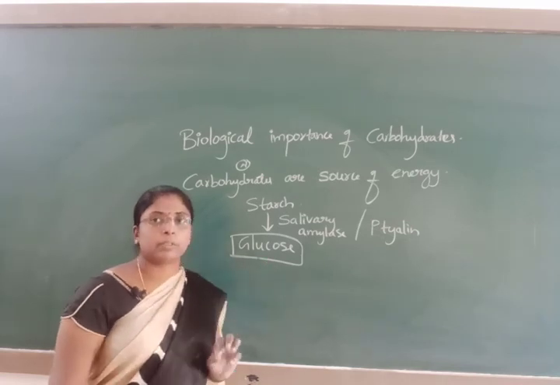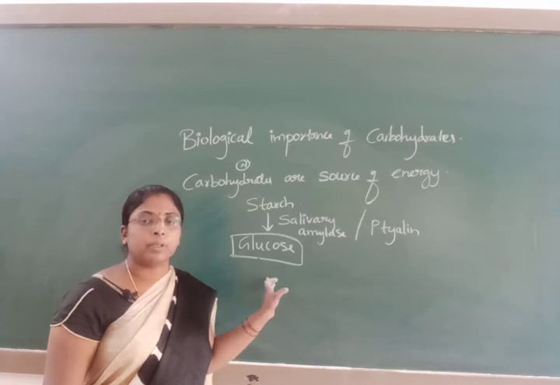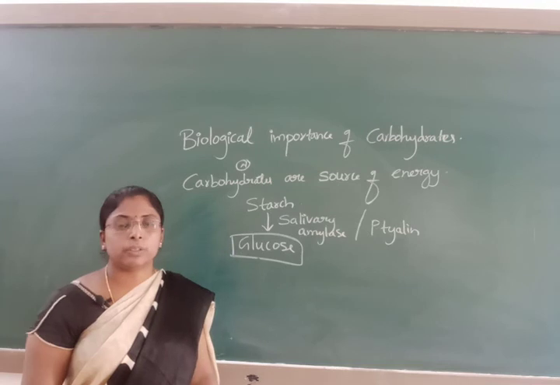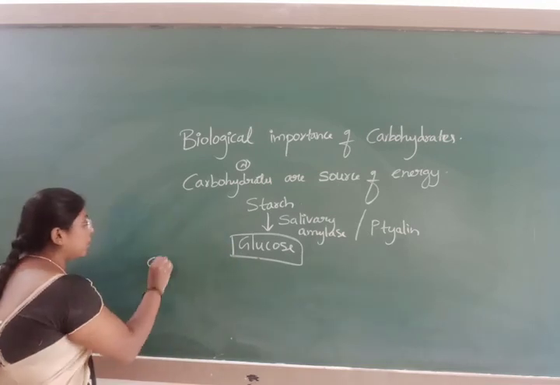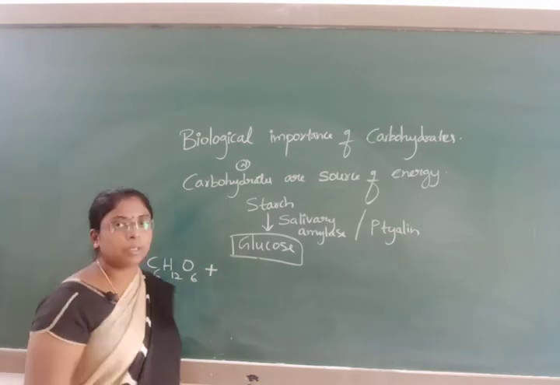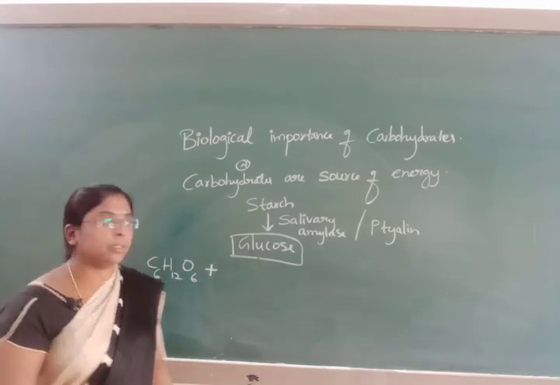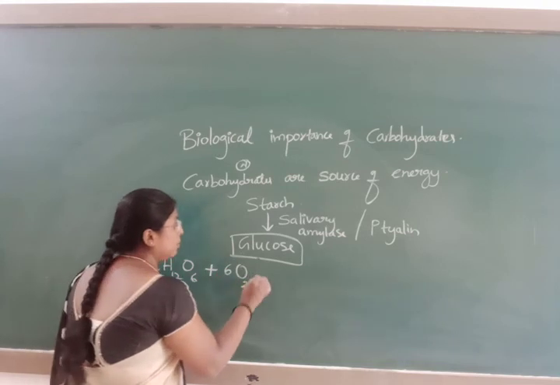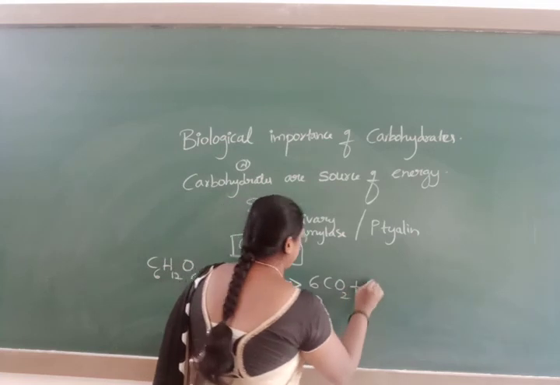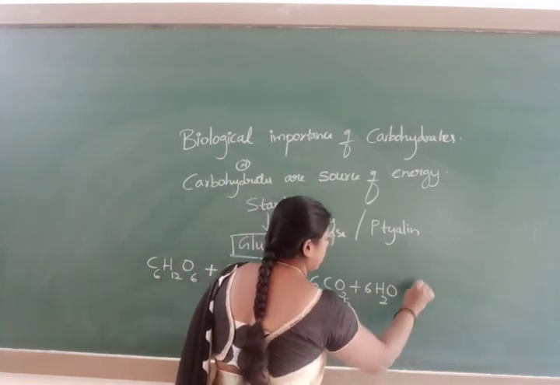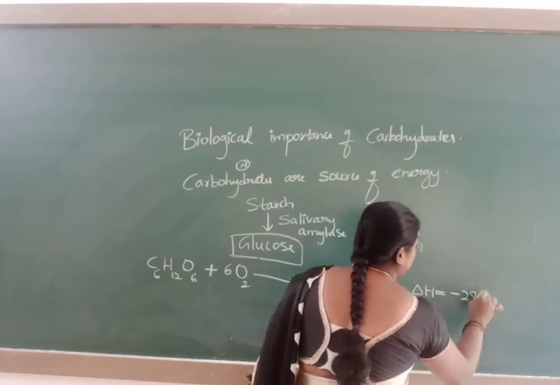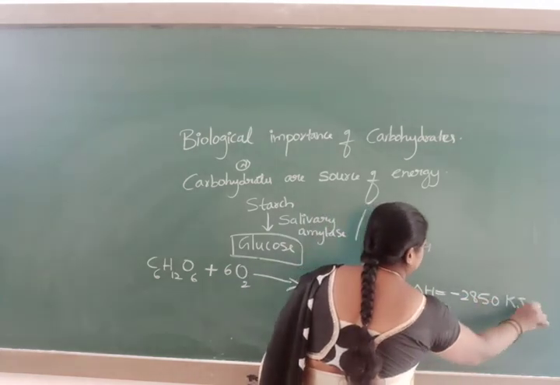This glucose is the source of energy. It enters into the blood stream. Glucose, C6H12O6, reacts with the molecular oxygen present in the blood and forms carbon dioxide and water. Along with that, 2850 kilojoules of energy is liberated.